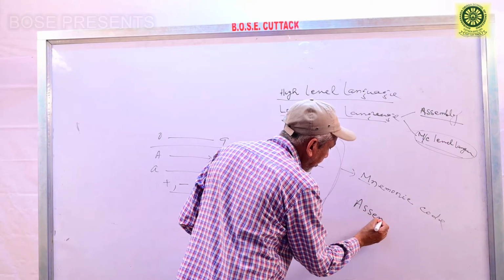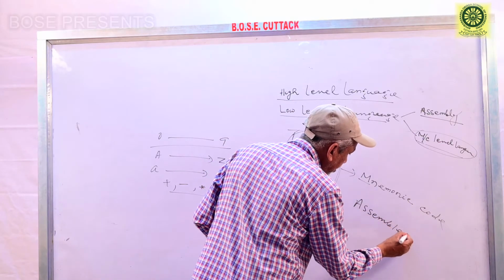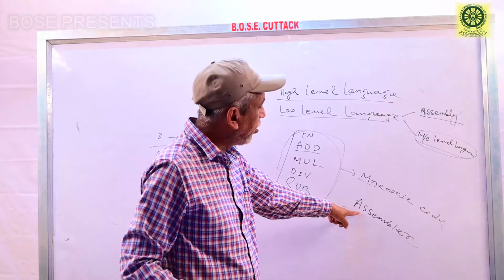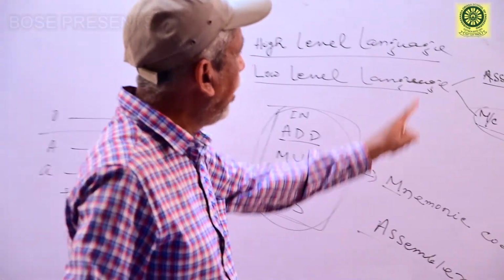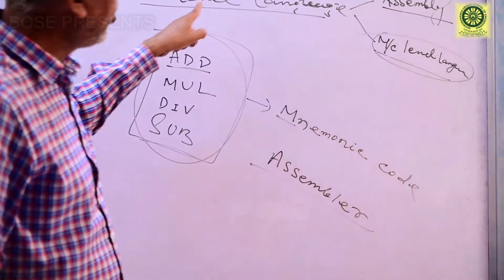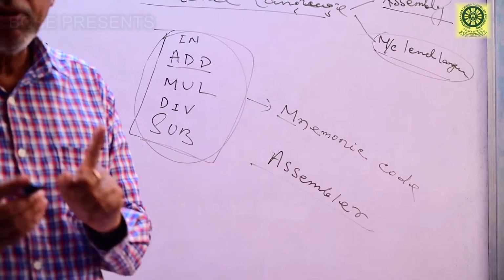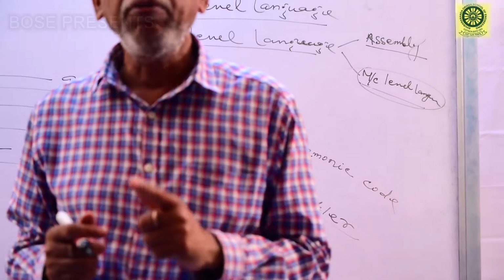Assembler, A-S-S-E-M-B-L-E-R. An assembler is a translator which converts assembly language to machine understandable language. Machine understandable language means computer understandable language.